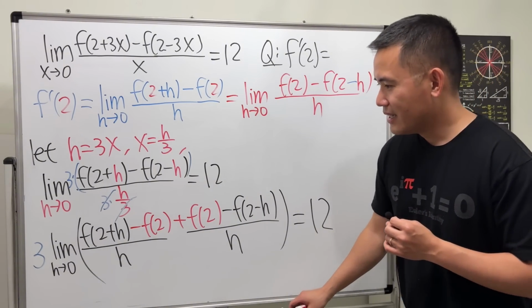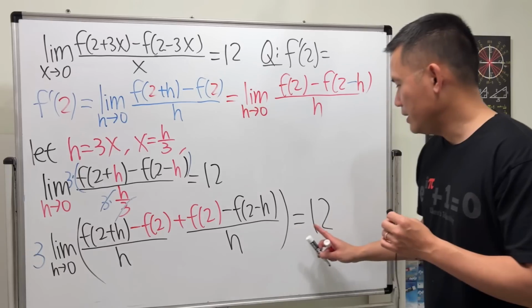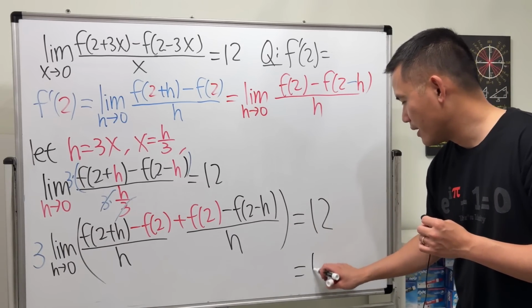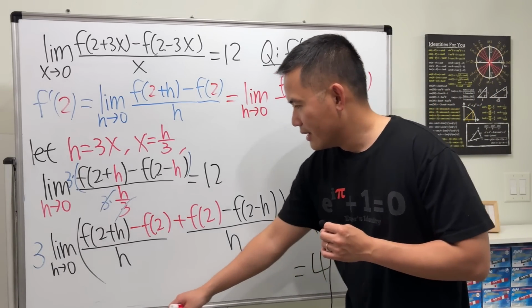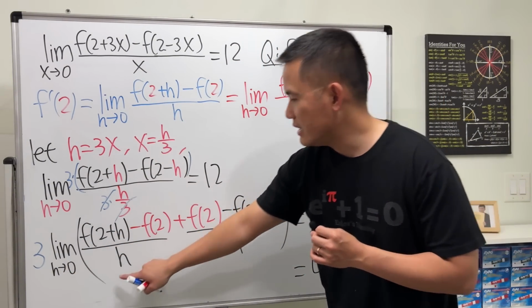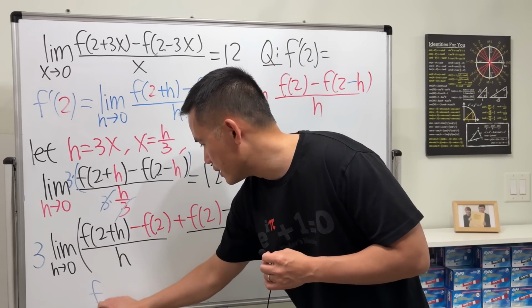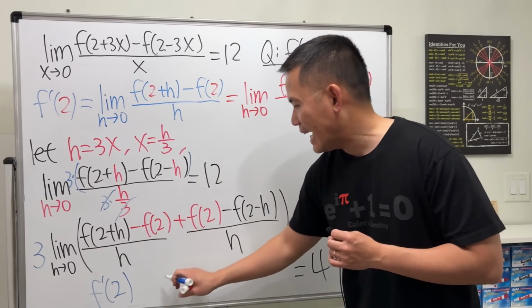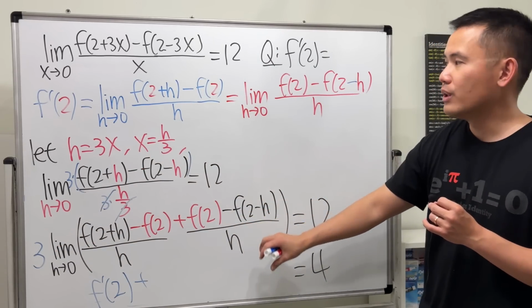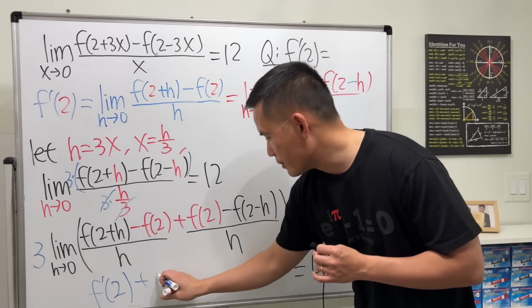Now, as you can see, if you divide both sides by 3, you can get this right here being equal to 4. Now, this whole portion, if you take the limit of the first, you get precisely f prime of 2. And then you add this right here, when you take the limit as h approaching 0, you also get f prime of 2.